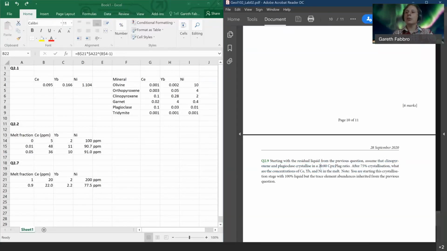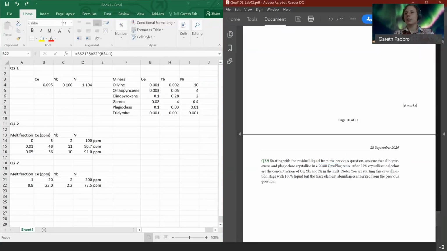So now you have to calculate a different bulk partition coefficient. You're taking the same melt, it's removing some crystals, then you're crystallizing different minerals from it. And this time, we're going to assume that 75% of this new melt crystallizes.